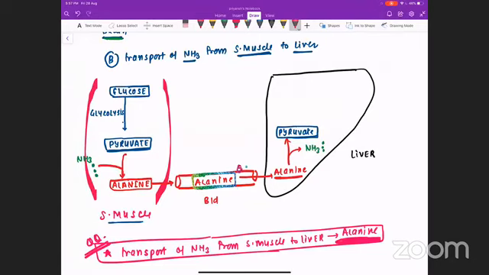Now, we can complete the cycle in this way: whatever pyruvate reaches the liver can be converted back into glucose. Liver has the ability to convert various non-carbohydrate substrates into glucose. When glucose is formed, this process is called gluconeogenesis, because we are synthesizing glucose.